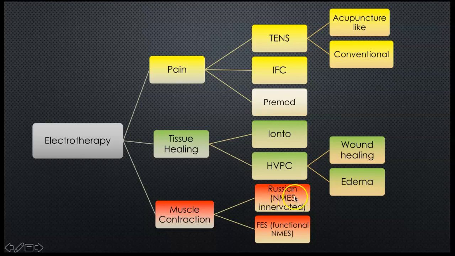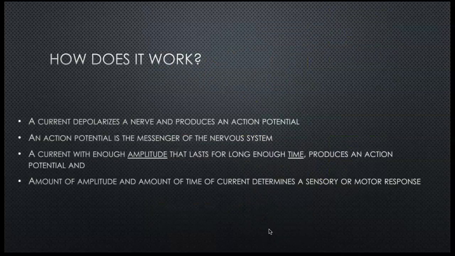A really popular type is called the Russian protocol, but there's other ones too. And then there's another category, functional electrical stimulation, so we infuse that into a functional activity. And there's even one more called electrical muscle stimulation that you would use on somebody who has denervated muscle. We'll break these down today.